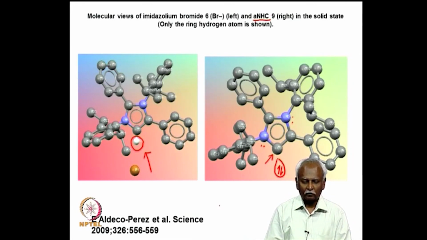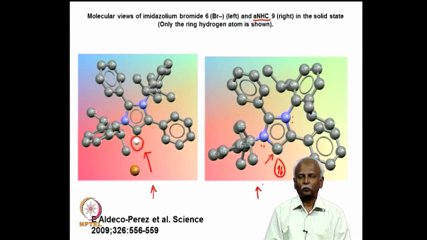But you can notice one thing, the two structures are extremely similar. The two structures pictured here, the imidazolium cation and the carbene, are extremely similar. That is because the pi system, which is perpendicular to the plane of the ring, is not affected by this deprotonation.